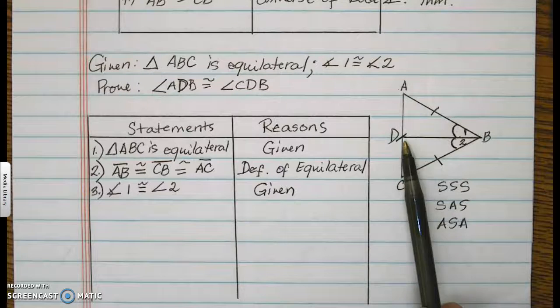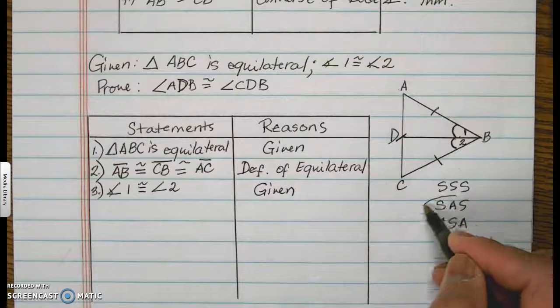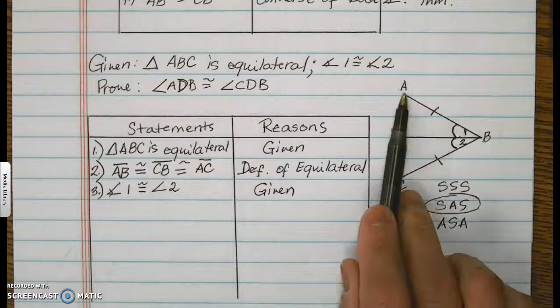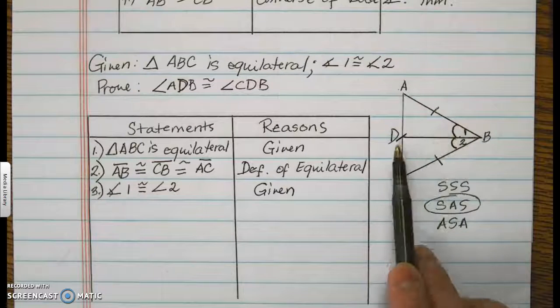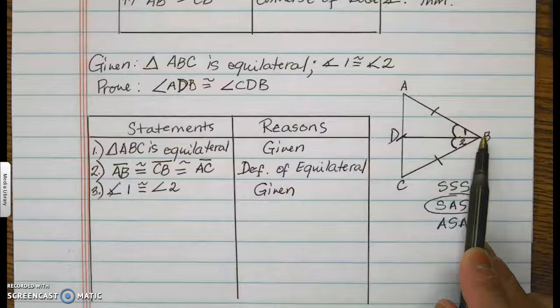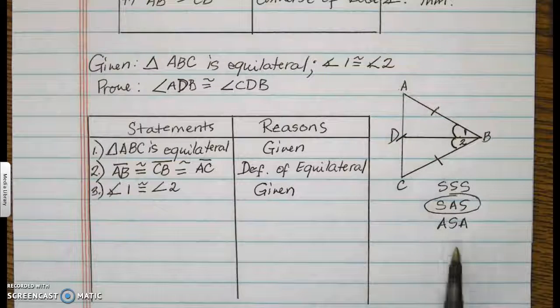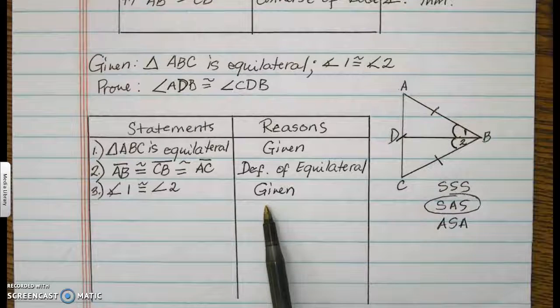However, I want to go this route of using side-angle-side, which means side, angle, and side DB congruent to side DB, congruent to itself. That way, I will just be using the reflexive property as my reason.